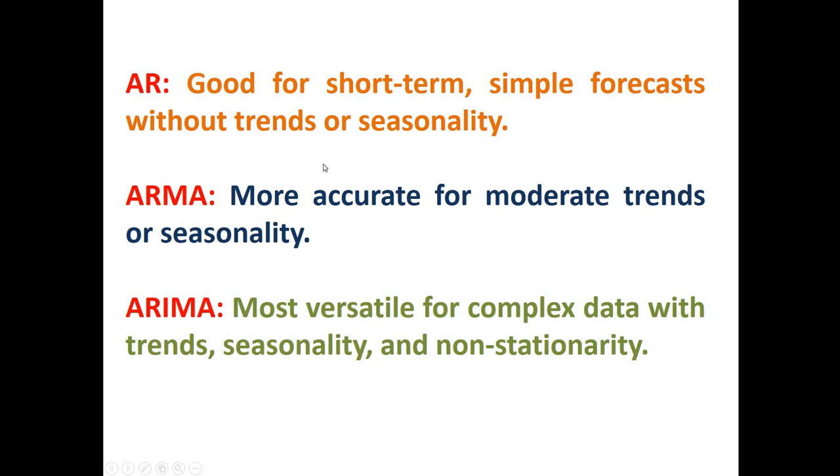AR is good for short-term simple forecasts without trends or seasonality, whereas ARMA is more accurate for moderate trends or seasonality. And then ARIMA is the most versatile for complex data with trends, seasonality and non-stationary data.